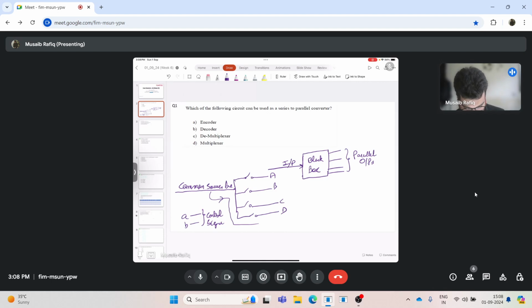So looking at this, can you tell me which one of the following circuits can do this functionality?